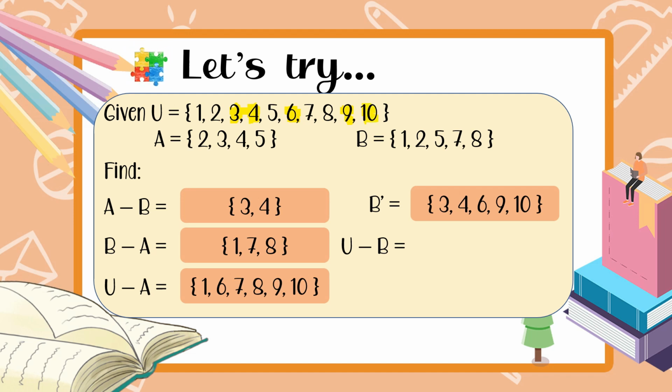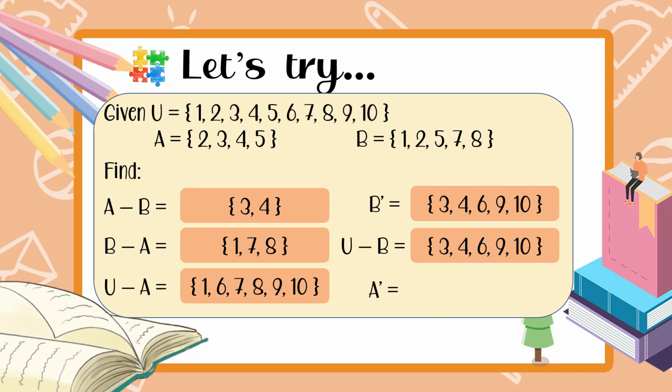So U minus B is 3, 4, 6, 9, and 10. So as you can see, there is a similarity between B prime and U minus B. So, pag sinabi nating B prime, para din siyang U minus B.